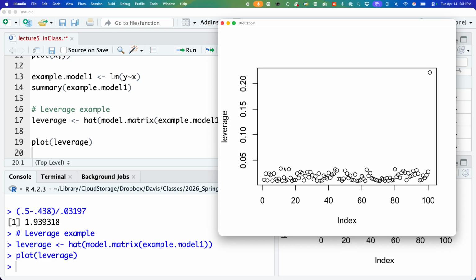Maybe you say, if anything above 0.15 or anything above 0.2, we'll consider that to be an outlier. But in some data sets the spread of your leverage is a lot larger, in which case there is some ambiguity to the idea that you have one threshold value for leverage that you can use to categorize something as an outlier.